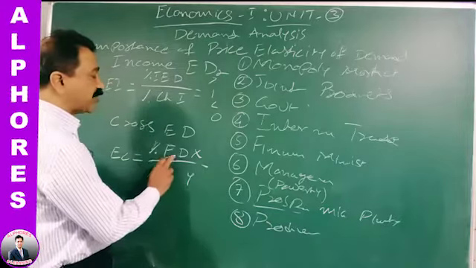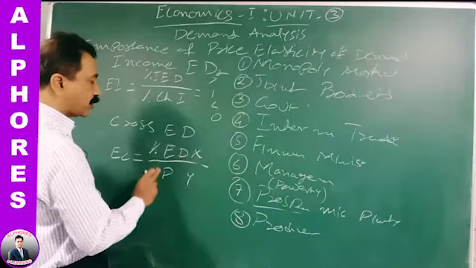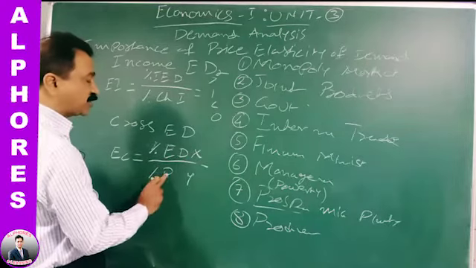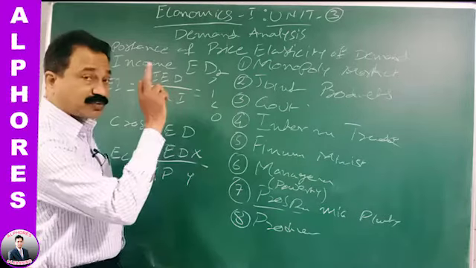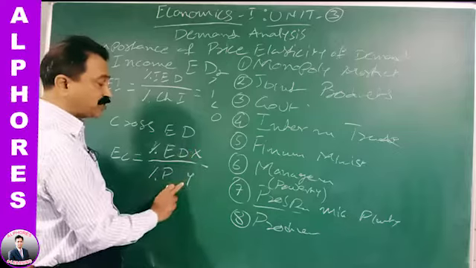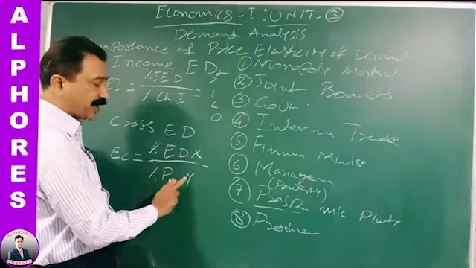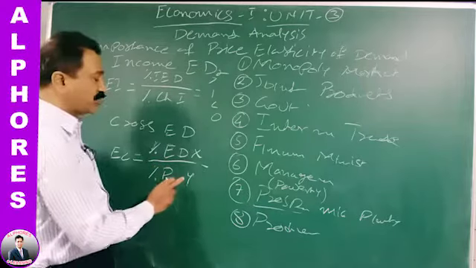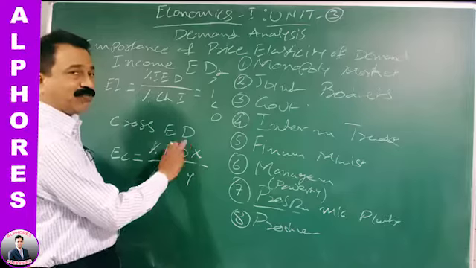Percentage change in the demand of X commodity divided by percentage change in the price of Y commodity. In the first one we saw the price of X influences, but here it is the price of Y. This may be a substitute or a complement. Whether complementary goods or substitute goods, they are going to influence the demand of the other commodity.